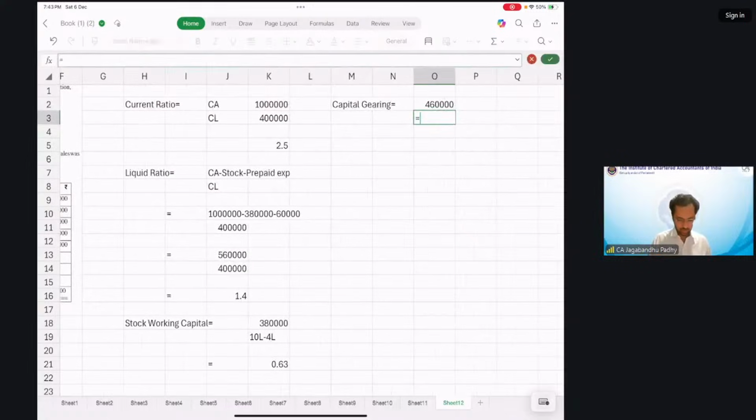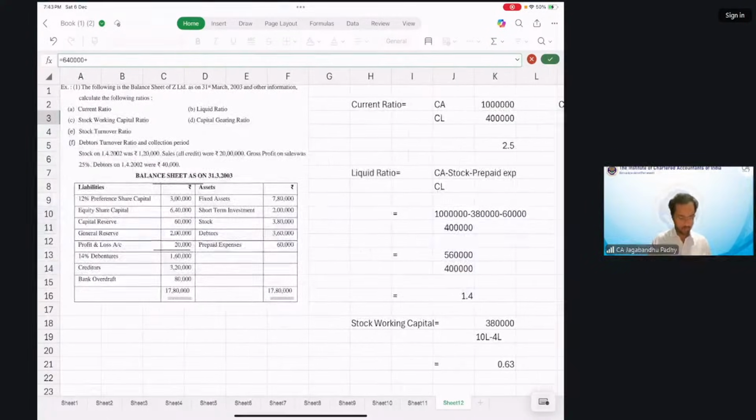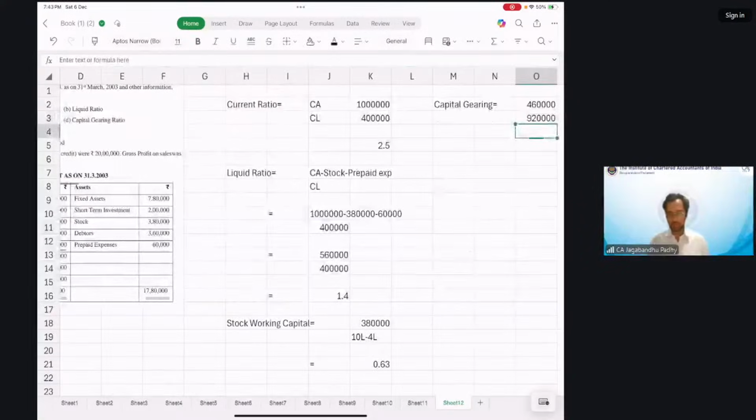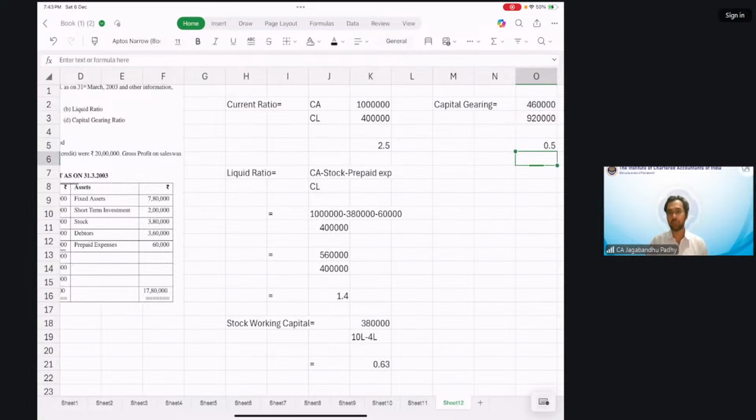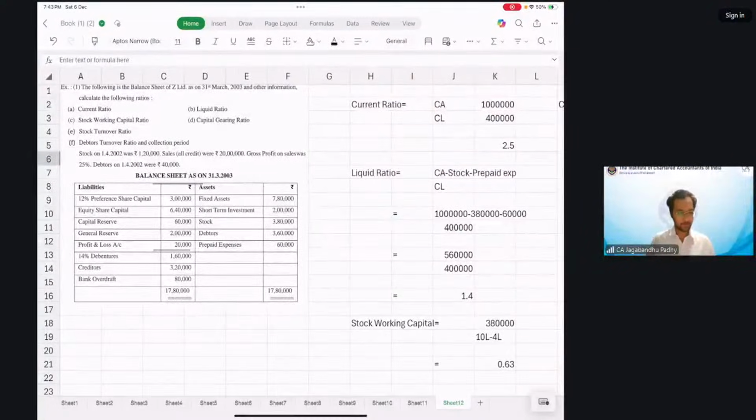So share capital is 6 lakh 40,000 plus capital reserve of 60,000 plus general reserve of 2 lakh and also P&L of 20,000. So capital gearing is 0.5. Okay, so capital gearing is done.